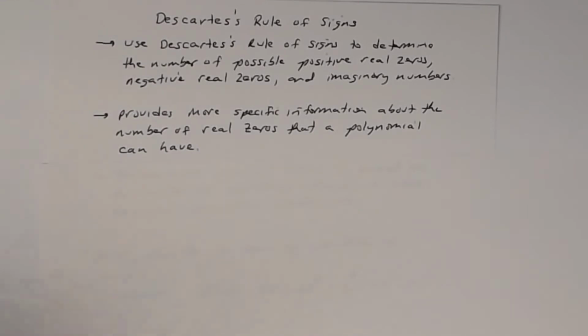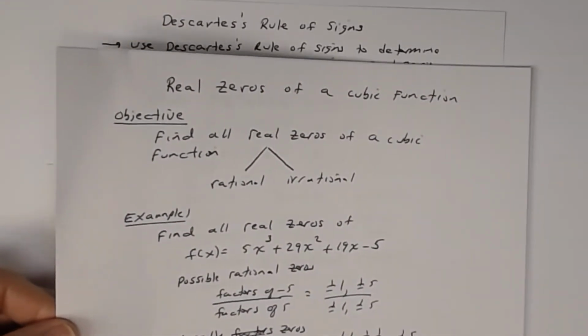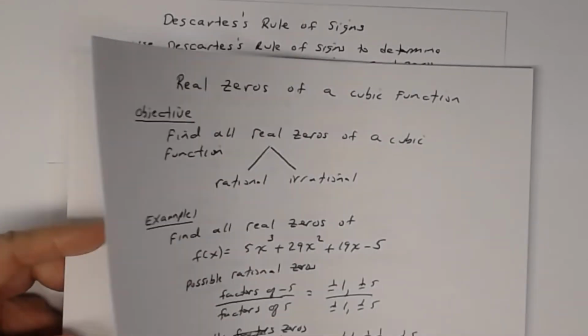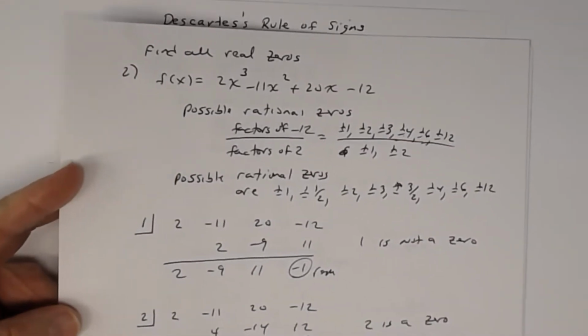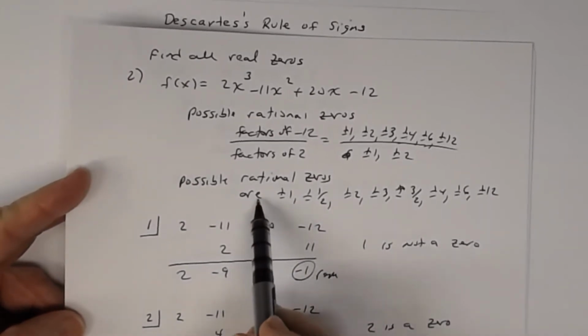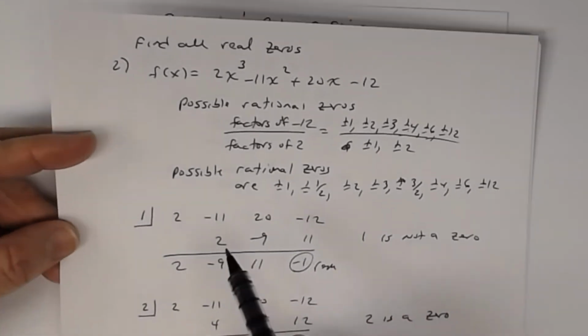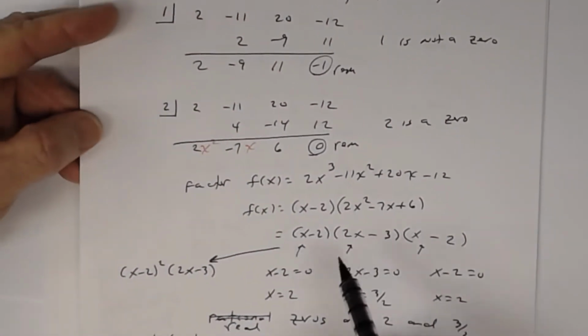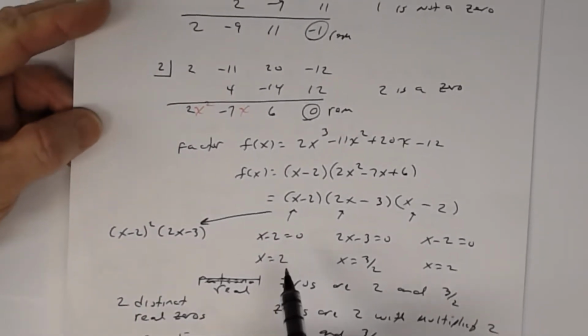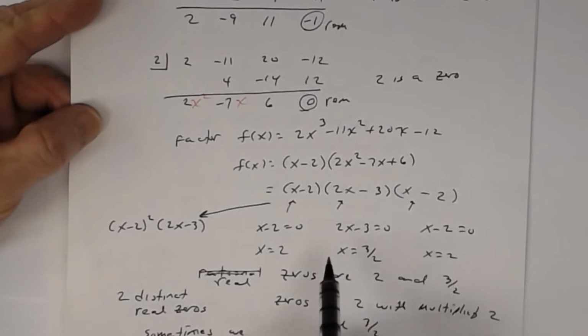So, for example, do you remember when we looked at the lesson called Real Zeros of Cubic Functions? There was a problem, example number 2, where you came up with all of these possible rational zeros. Okay, and there were quite a few. You see that? Then we used synthetic division to figure out that the zeros are actually 2, 3 halves, and 2, right?